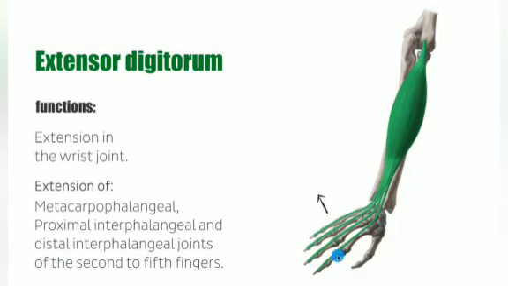And the proximal interphalangeal joints will be then found between the proximal phalanges and the middle phalanges of the fingers. And of course, the distal interphalangeal joints will be found between the middle phalanges and the distal phalanges of the fingers. And these will be then moved or extended by the extensor digitorum.